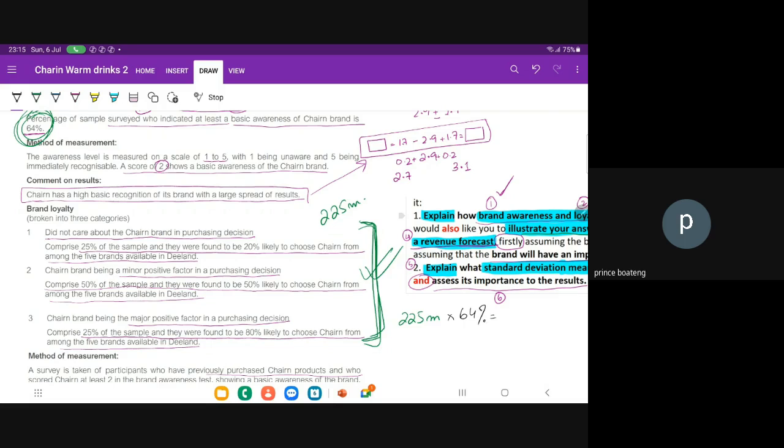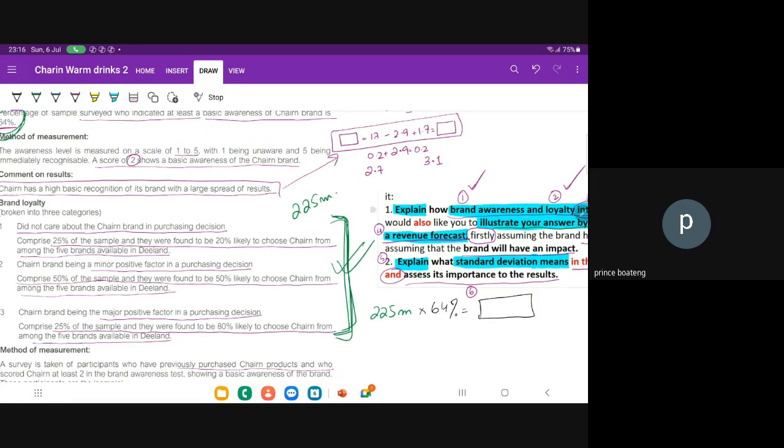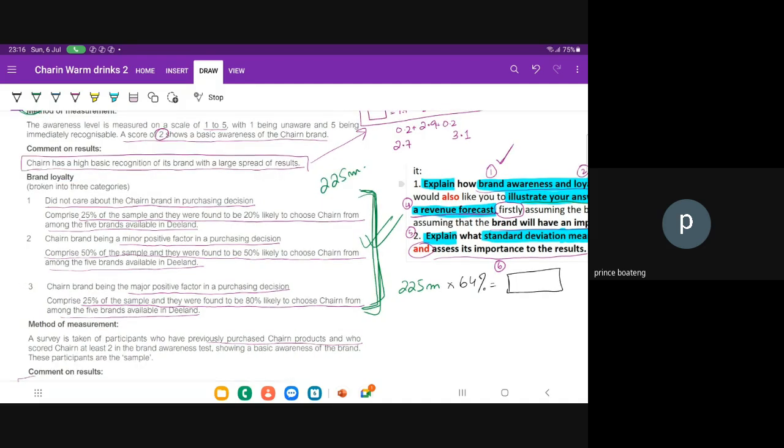Because if the customer is unaware of the product, he will not get affected by loyalty. Loyalty doesn't make any sense, right? So this figure will tell you how much revenue the company can generate from the awareness part. But there is no assurance that if the customers are aware, they will buy the product.